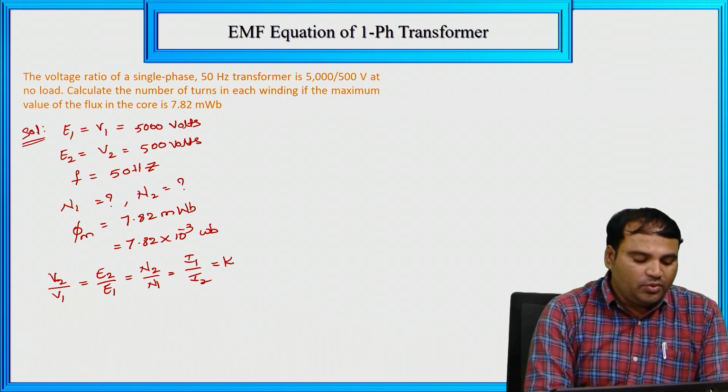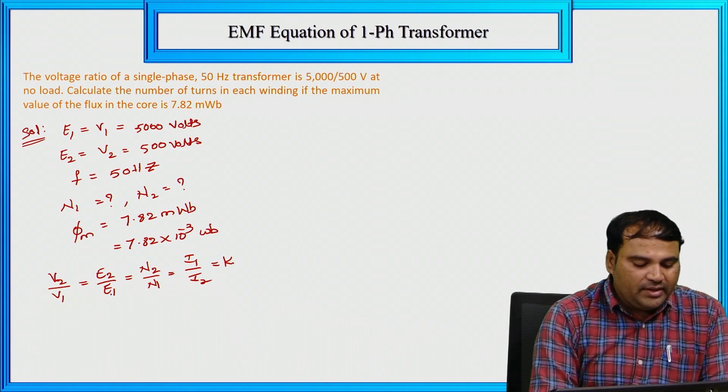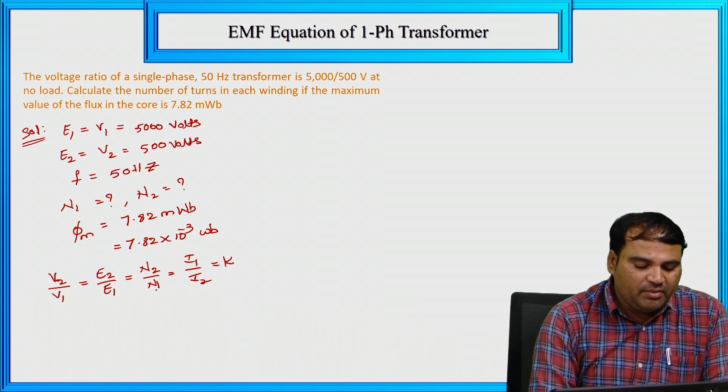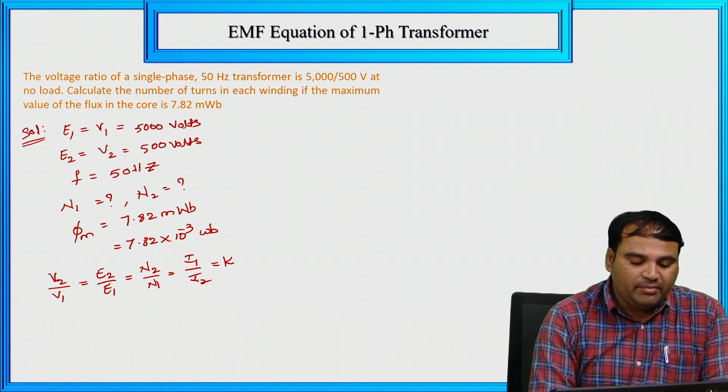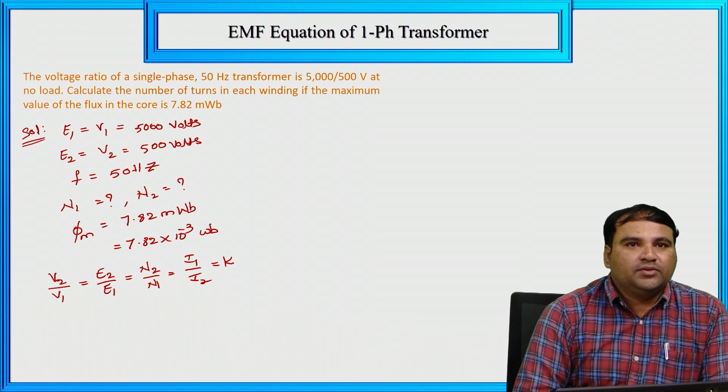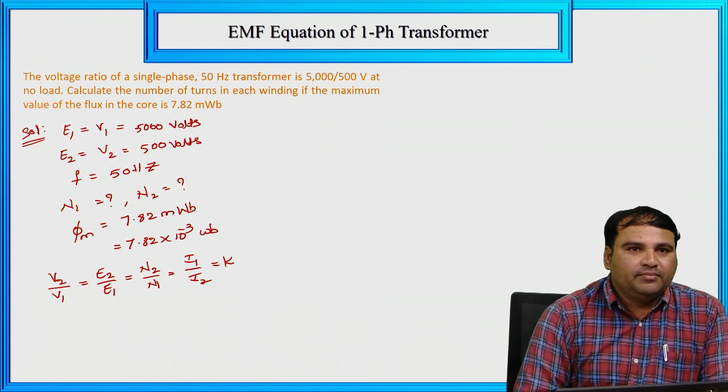In terms of the voltage, it is V2 by V1. In terms of induced EMF, E2 by E1. In terms of number of turns, N2 by N1. In terms of currents, I1 divided by I2. That is equal to some constant K. Right? So now we have to find out the primary and secondary number of turns.